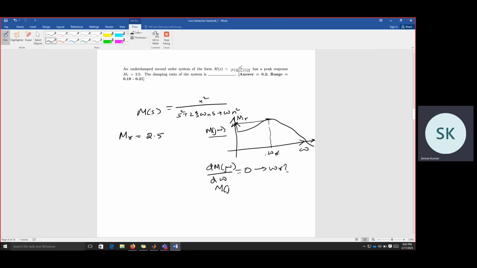Okay, so what is this M of j omega? Suppose this is omega n square by minus omega square plus 2 zeta omega n j omega plus omega n square. Now we'll just have a variable u, which is omega by omega n.